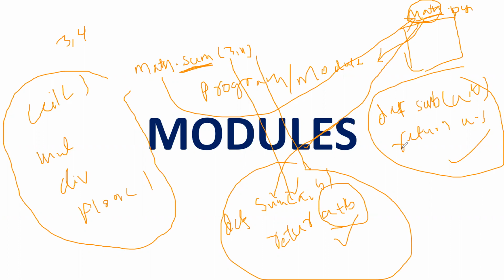Not only this, I have written ceil, 3, 4, 5, 6. Not only 6, we can write multiple functions in a single module. So a module is nothing but a combination or group of functions for a particular application. For example, if I go for mathematical analysis, then I will go for a math module.